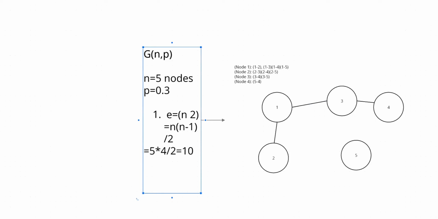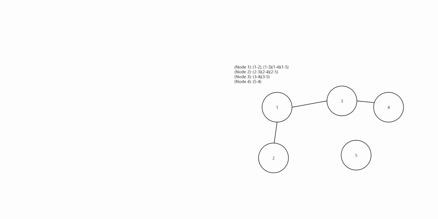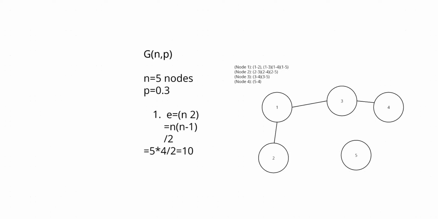Okay, now my last question is: will two graphs generated with the same N and P look identical? It is kind of a follow-up to the second one, and the answer is also no, because we will have completely different architectures, right? It's highly unlikely that N and P will give us the same graph, nor two graphs which have the same number of edges.